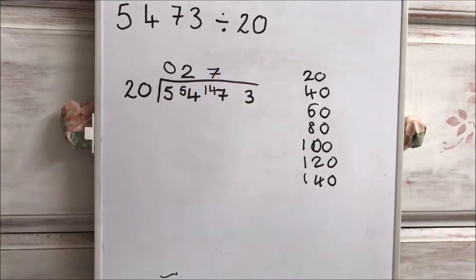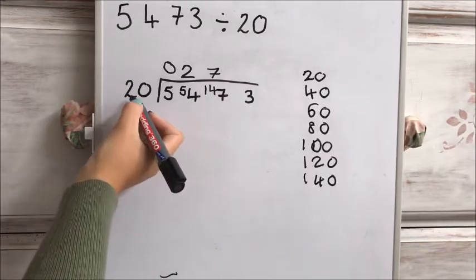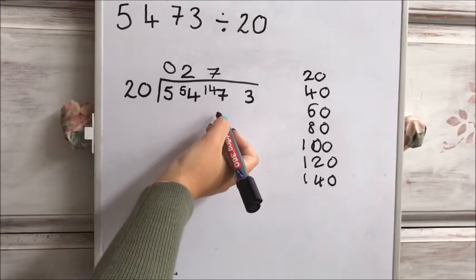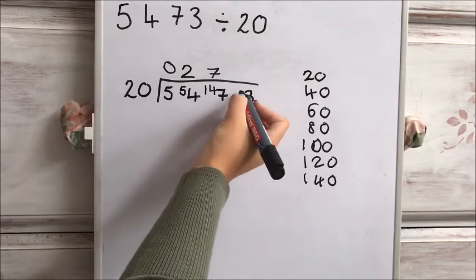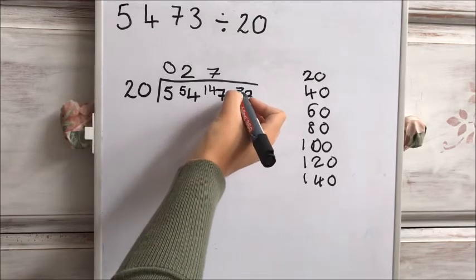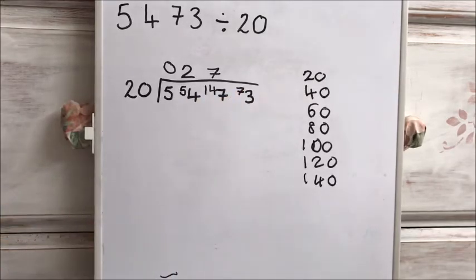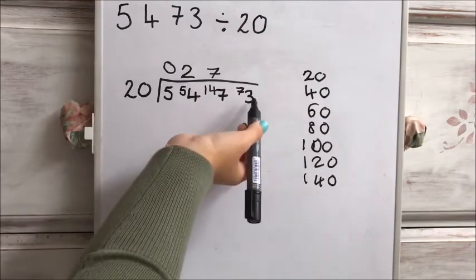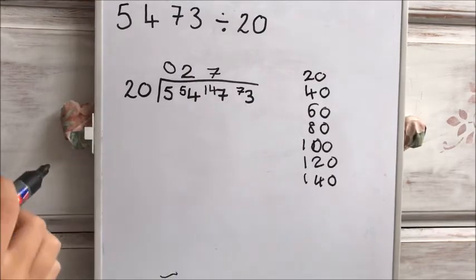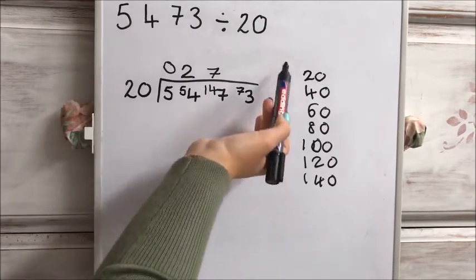However, we're going to have a remainder because 20 goes into 140, but it doesn't go into 147. So we have a remainder of 7. We can write our remainder here in the next column like we did before. Meaning that our next calculation is how many times does 20 go into 73. Again, we can refer to our 20 times table.